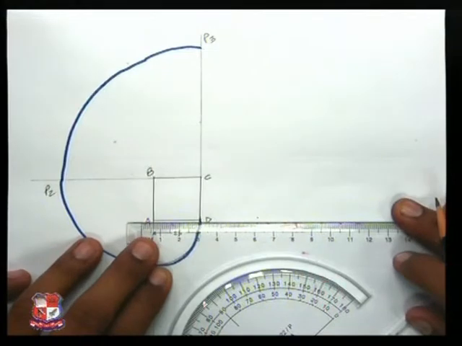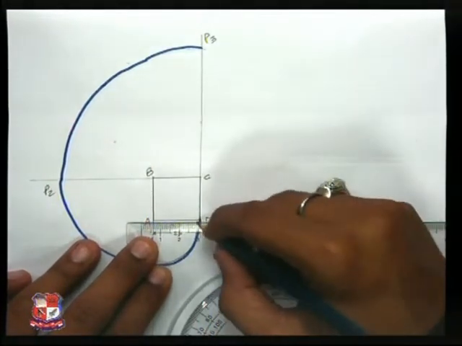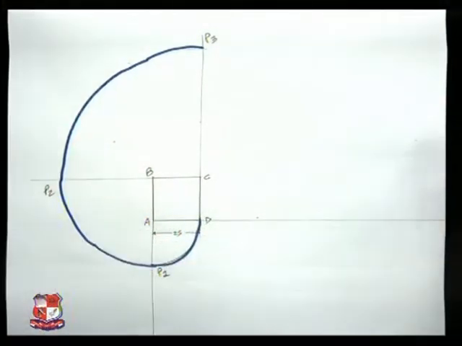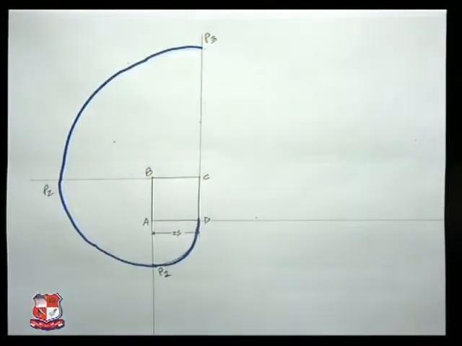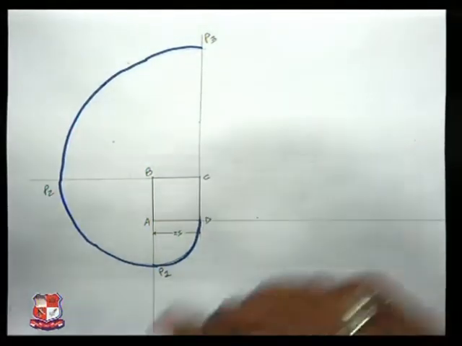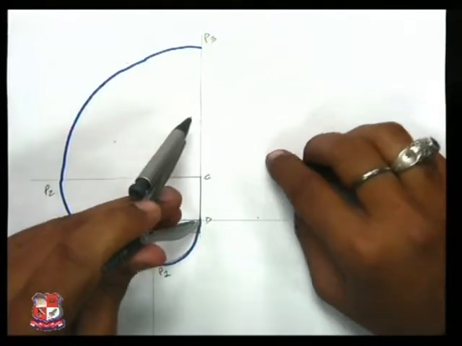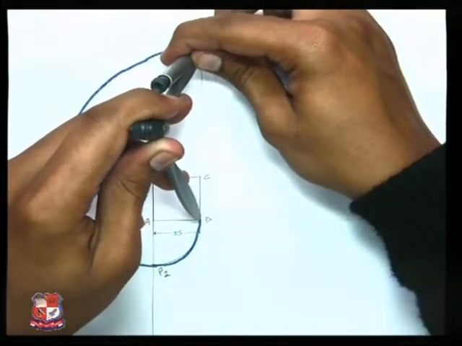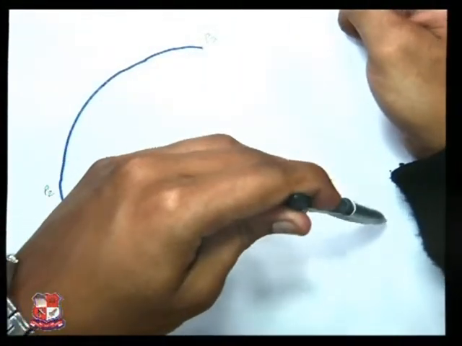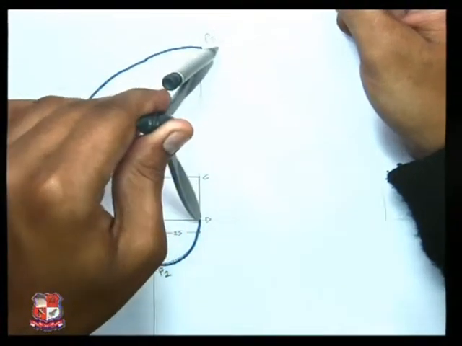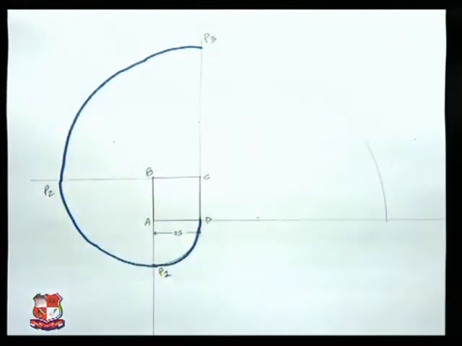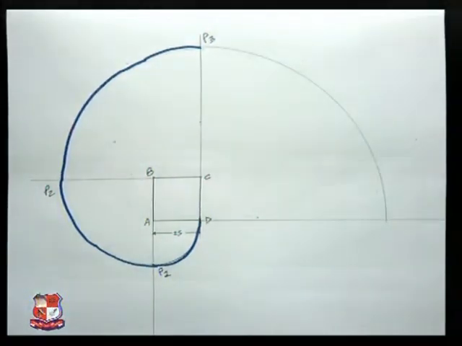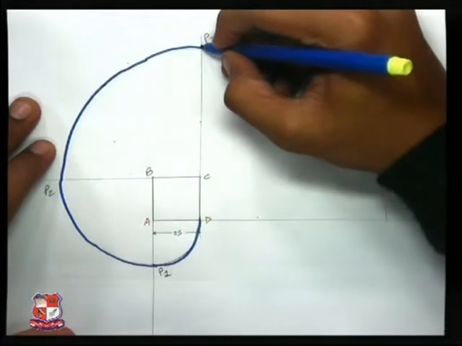We will draw an extended line from AD as well. Take D as center, DP3 as radius, and draw an arc.